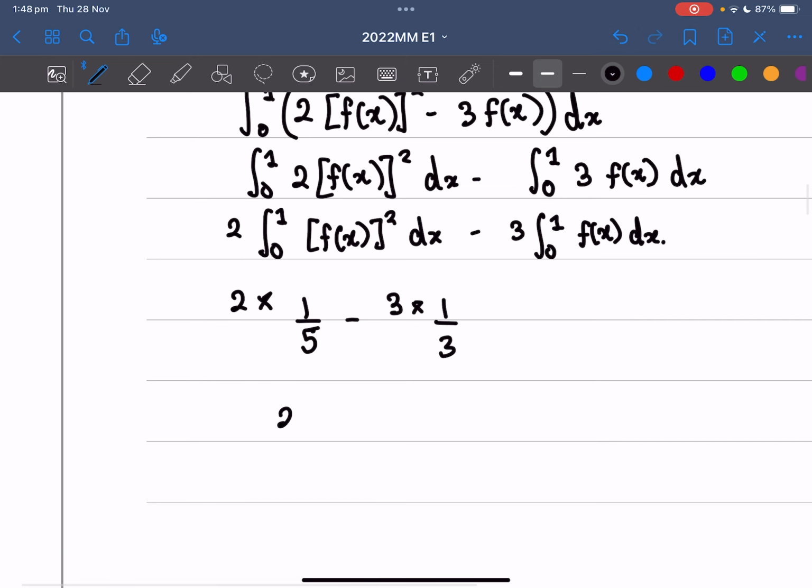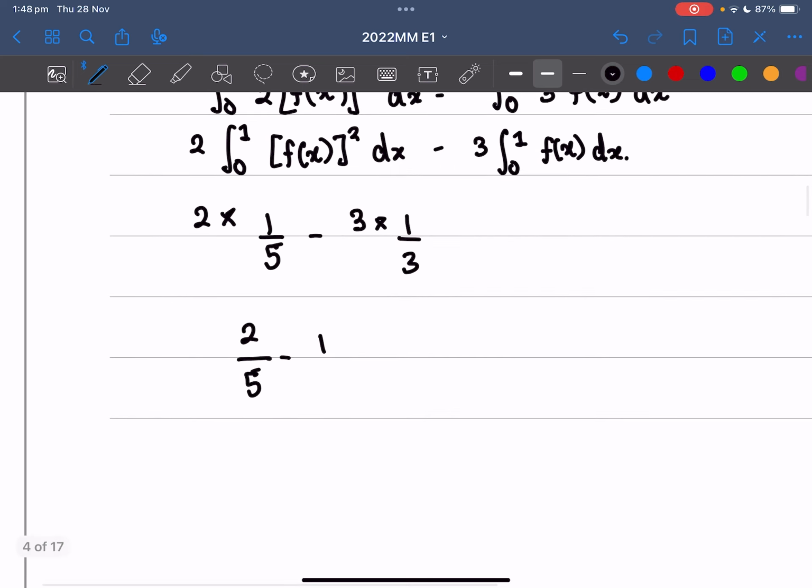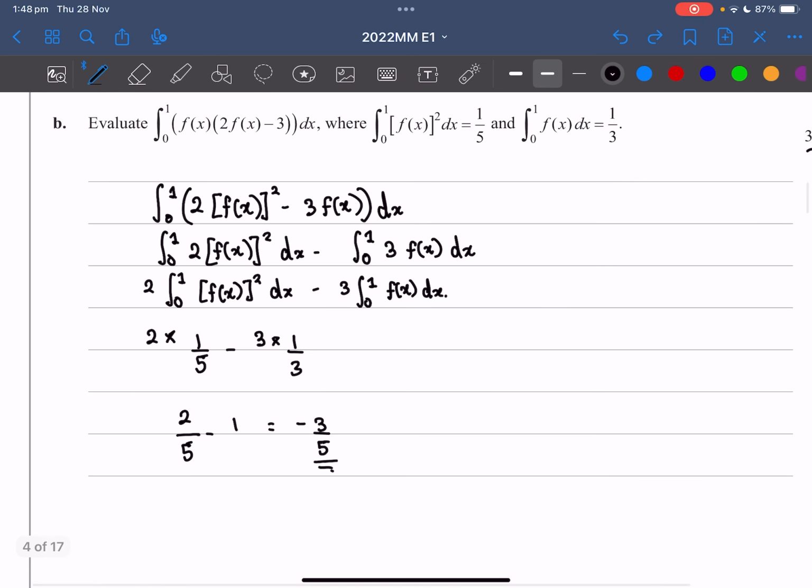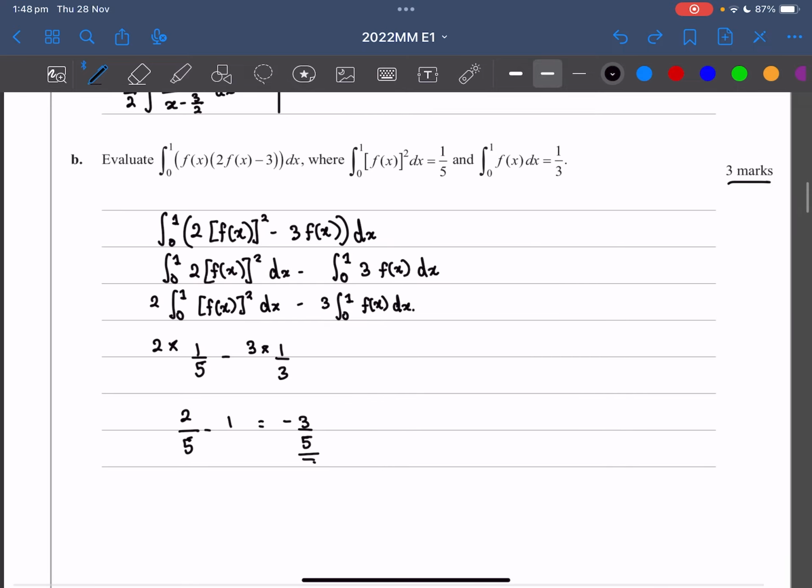This will give us 2 on 5, take away 1. So in final results that would give us negative 3 on 5. Okay, so 3 marks. 1 mark is definitely for the answer. The other 2 marks are maybe for correctly splitting the integrals up and the working out for this question itself.